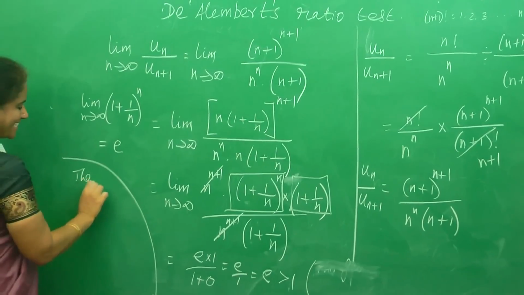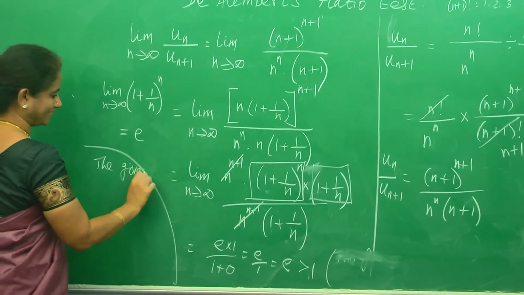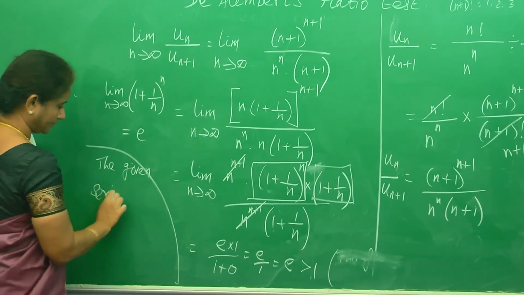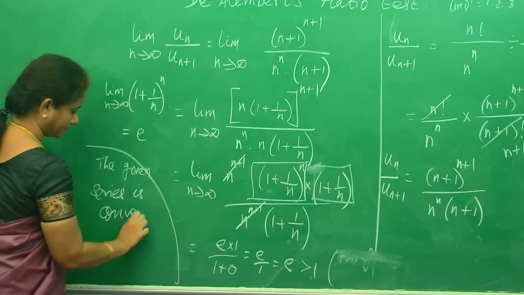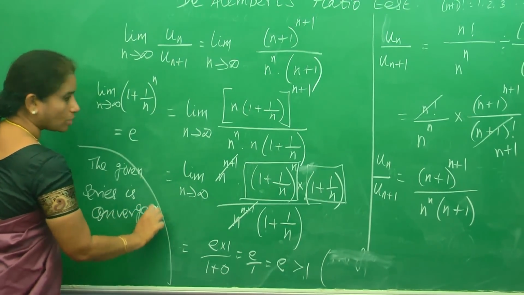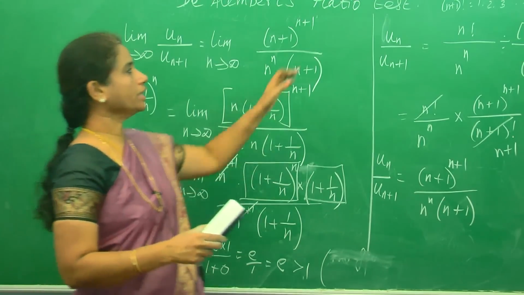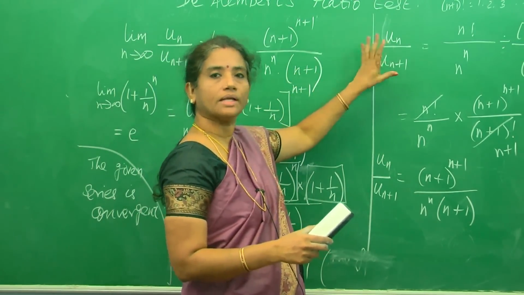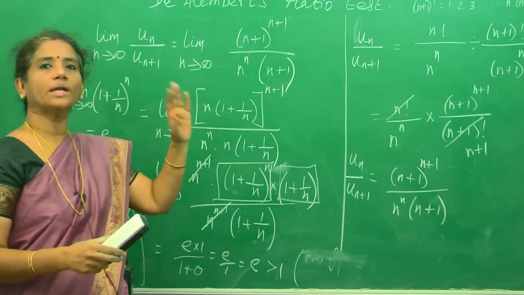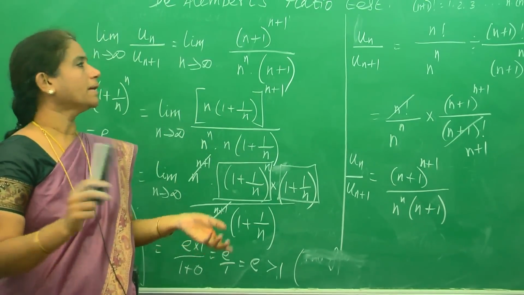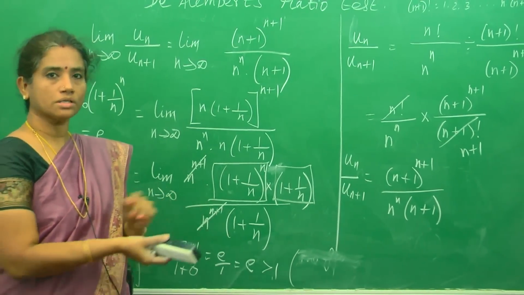So the given series is convergent. So be very careful when you are doing un by un plus 1, the inequality will change in the ratio. Previous question we did un plus 1 divided by un. But however you do, you will reach the same answer.